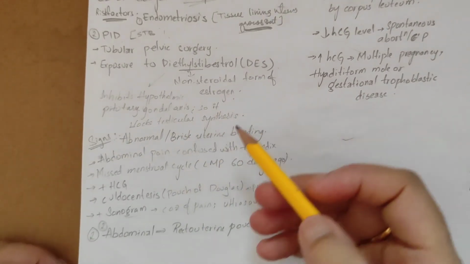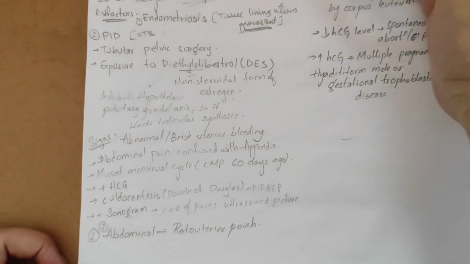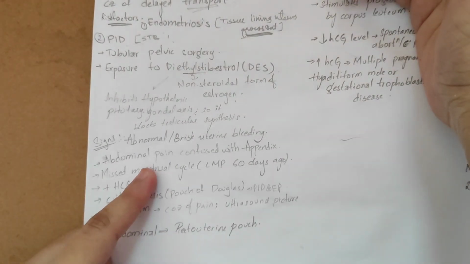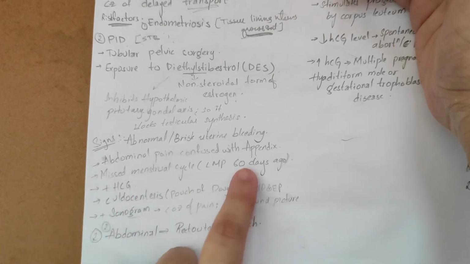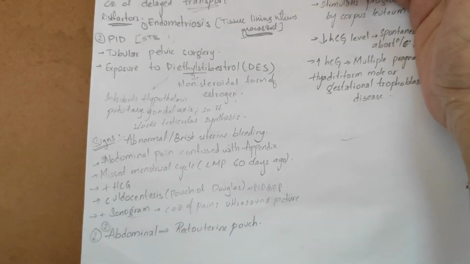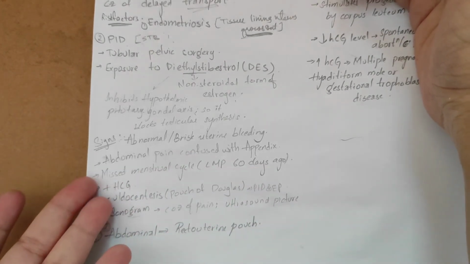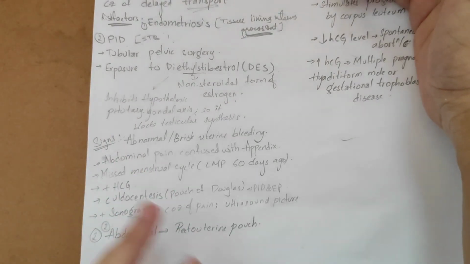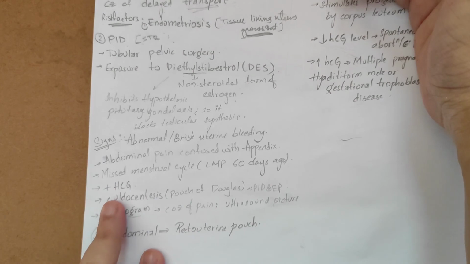The most common signs are abnormal uterine bleeding, and abdominal pain which is confused with appendicitis, and a missed menstrual cycle, that is a late menstrual period of more than 60 days, and a positive HCG.